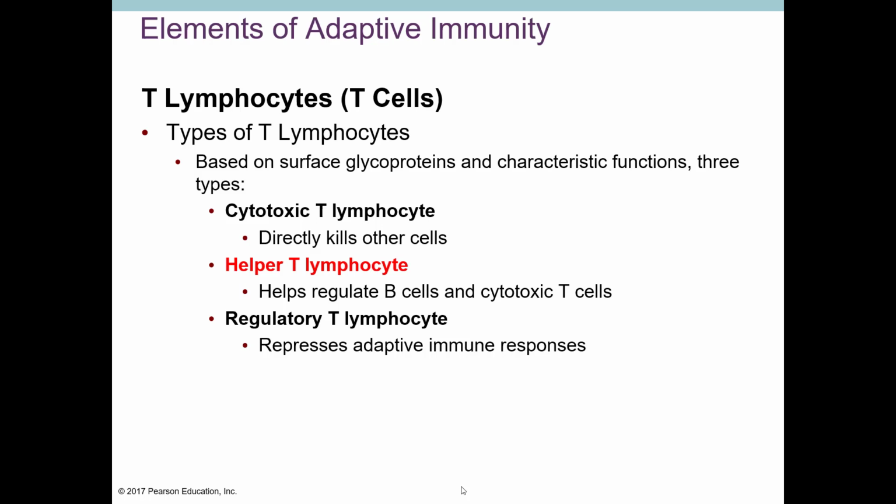All right, so let's look at T cells, because that's really the next step. Once the antigen presenting cells present their antigens, they're kind of dancing around with these little epitopes from the pathogen on their surface. Then they interact with what are called helper T cells.